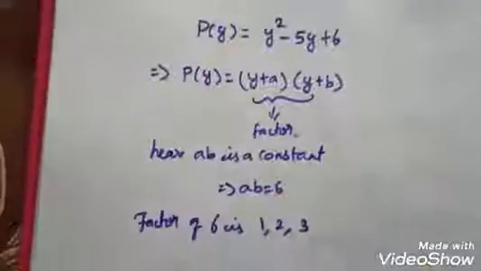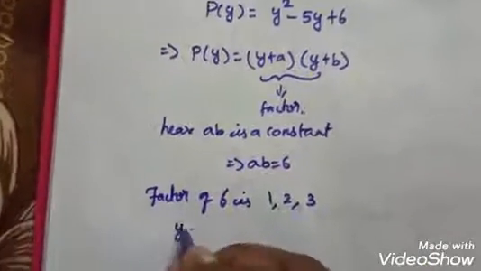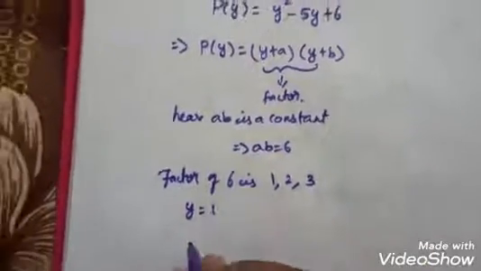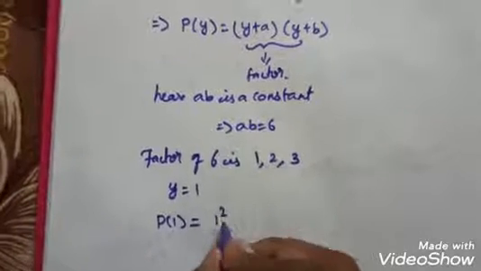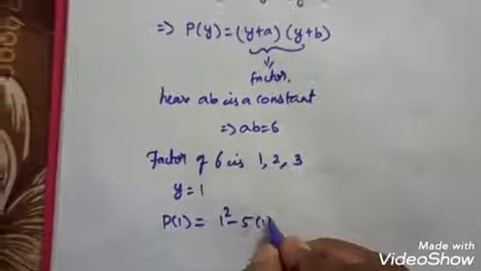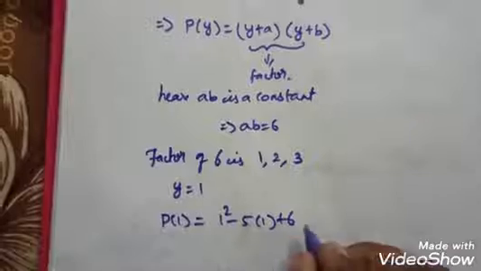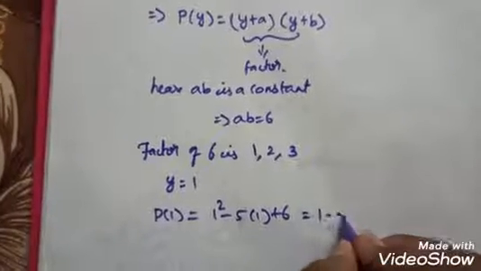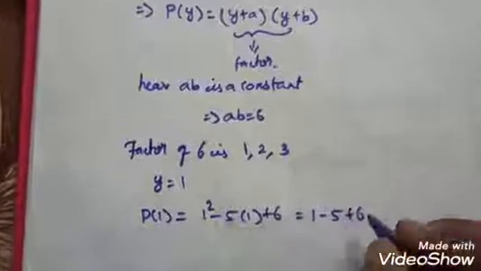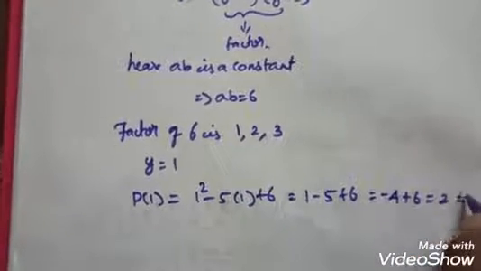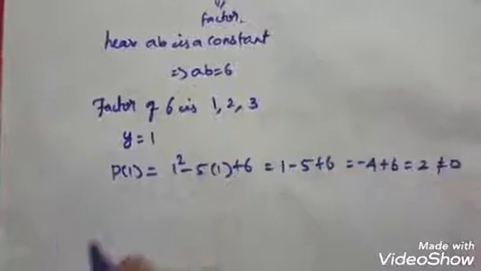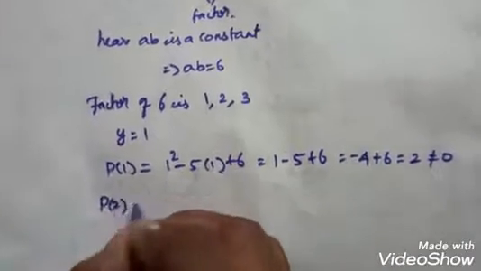So one by one we have to find out the factors here. So instead of y, I take y equal to 1. So P of 1 is equal to 1 square minus 5 into 1 plus 6, which is equal to 1 minus 5 plus 6, which is minus 4 plus 6 equal to 2, which is not equal to 0. So I will take P of 2.